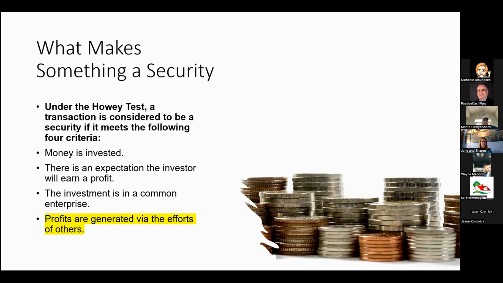It is a security. There are sometimes, if you are offering a debt instrument with a note and there is a lien on something, it may not be a security, but it has to be set up in a certain way so that it makes it clear that it's not a security.